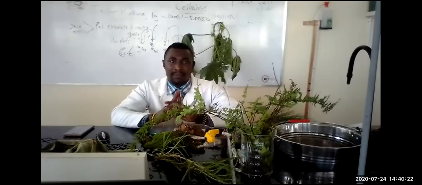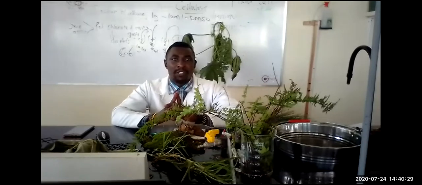The vascular system: these are the ones which have a vascular system for transportation of substances or not. In seed formation, in terms of bearing flowers, do they bear a flower and seed or not? And if it does bear the flower and seed, is it enclosed within the fruit or not?